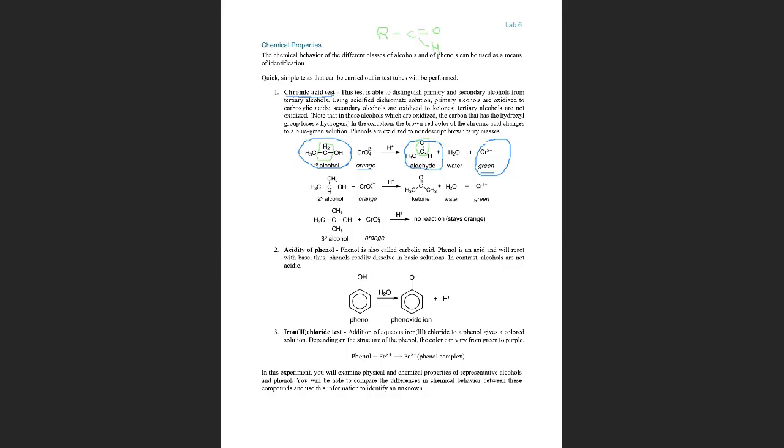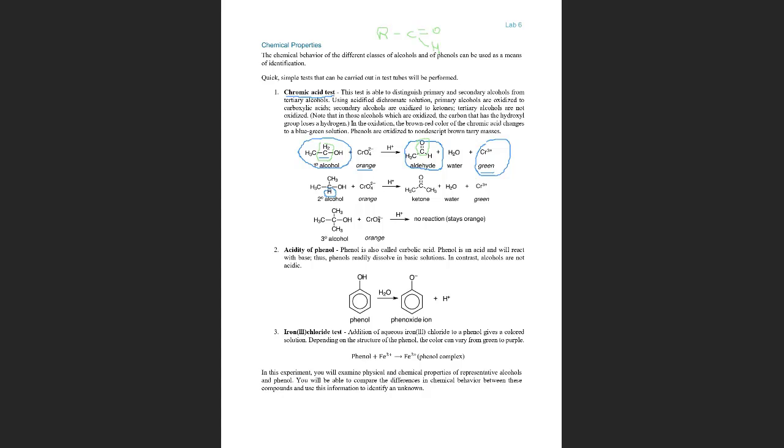So we said that in order for an alcohol to be able to be oxidized, you need a hydrogen bonded to the carbon that has the hydroxyl group. So primary alcohols have, secondary alcohols have, look at this hydrogen.